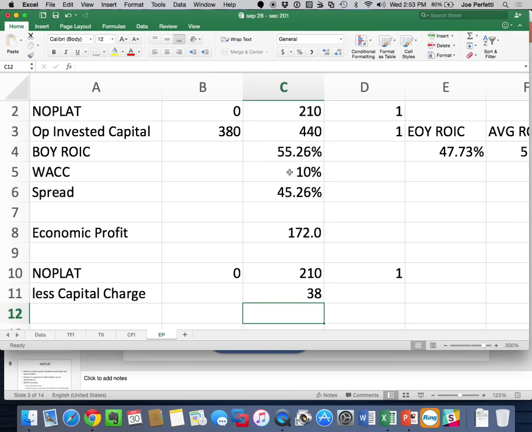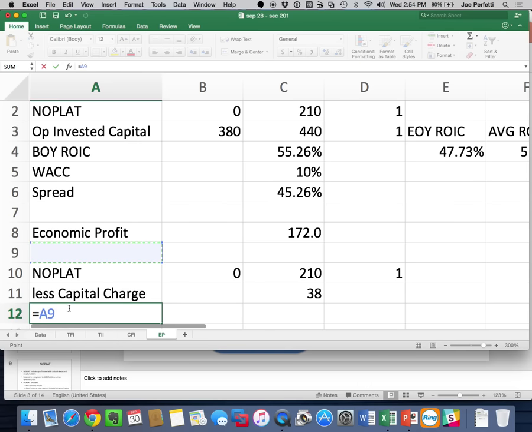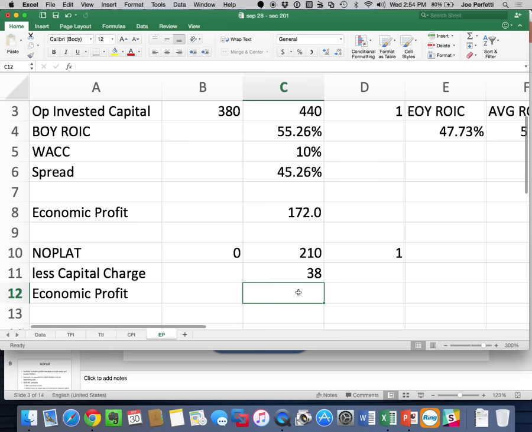Investors are going to charge me $38 million to use their capital. The difference between what I made and what I'm expected to make, the capital charge, is called economic profit. Equals 210 minus 38, 172. This is the second method to calculate the results. Both of them were explained in the book this week for the readings, actually last week's readings.